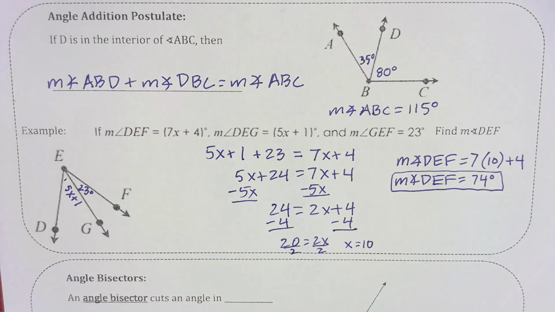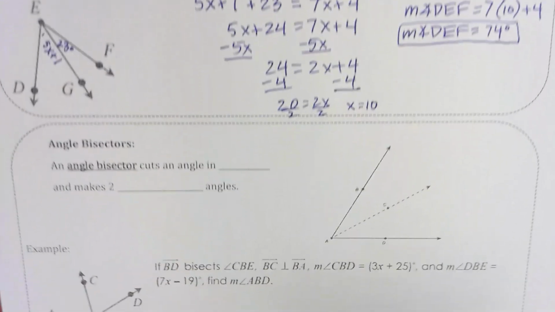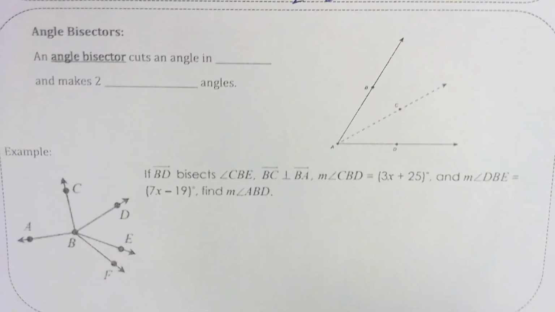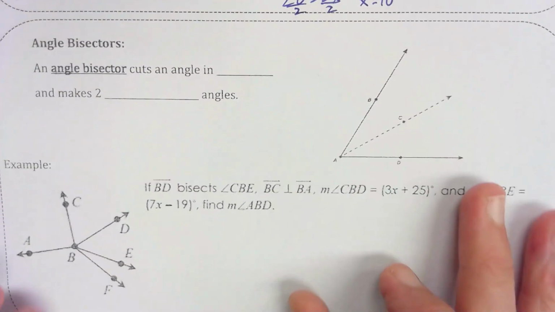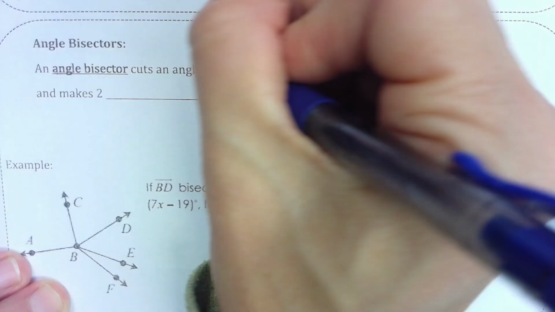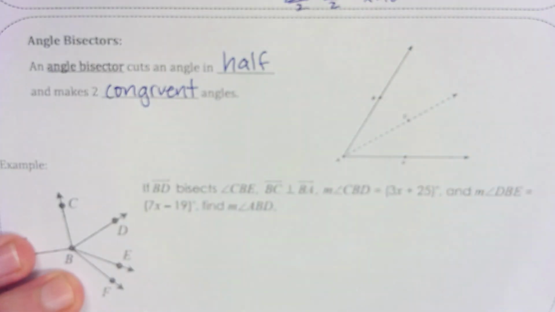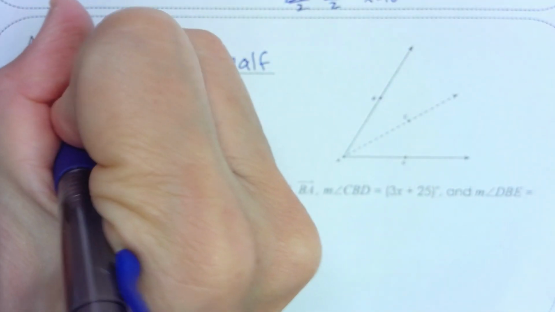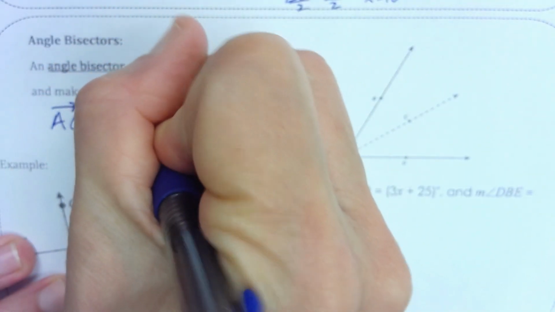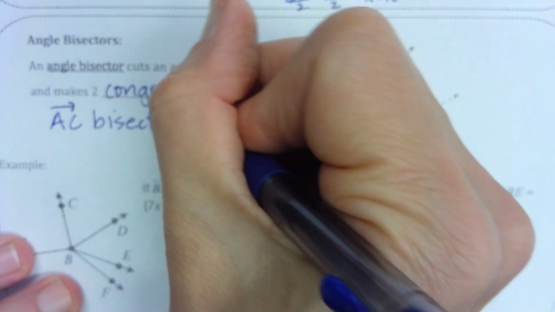Now when we did segments, we had segment bisectors, and bisect just means to cut something in half into two equal pieces. Same idea here. An angle bisector cuts an angle in half and makes two congruent angles. So if I look at this picture, what I see is that ray AC bisects angle BAD.